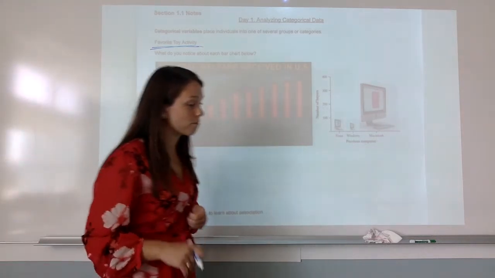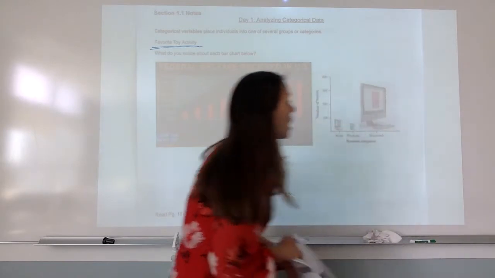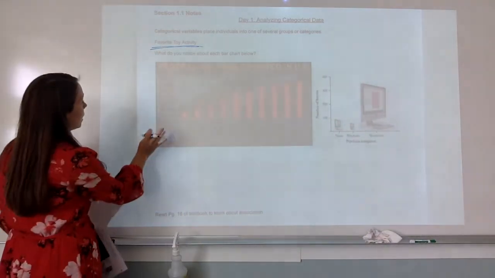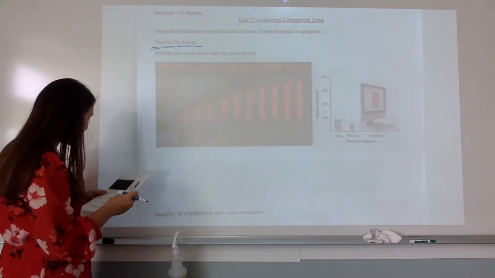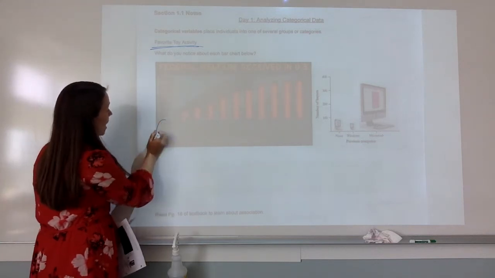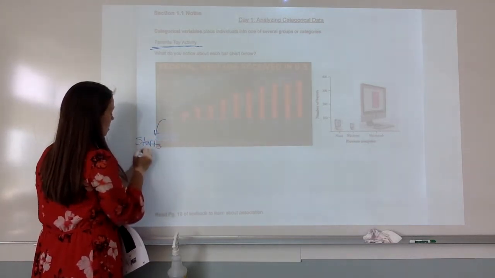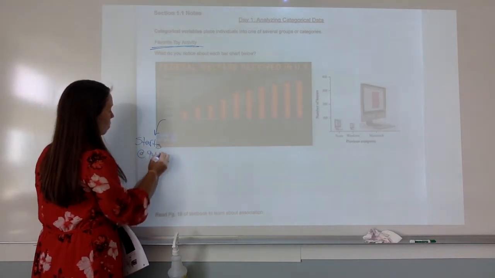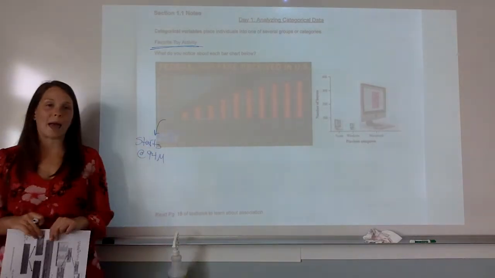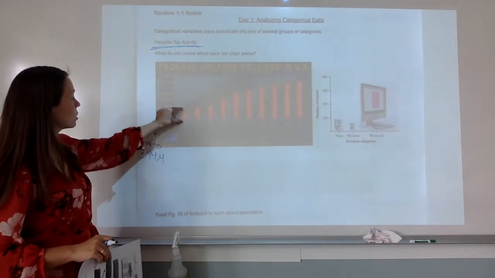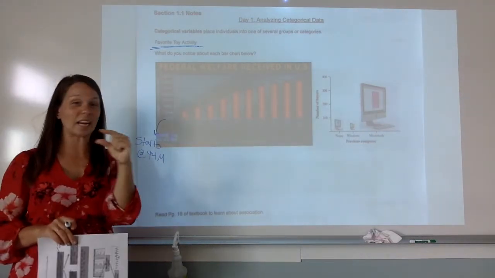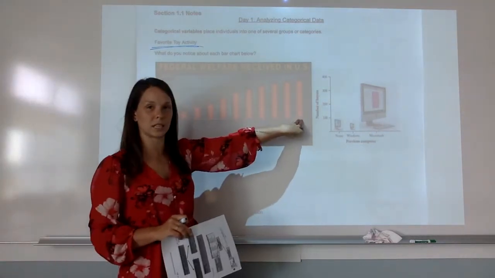All right, so the first thing I notice on this graph is that my y-axis starts at 94 million. So right away, it looks like this very first bar is really teeny tiny, especially in comparison to the last one.